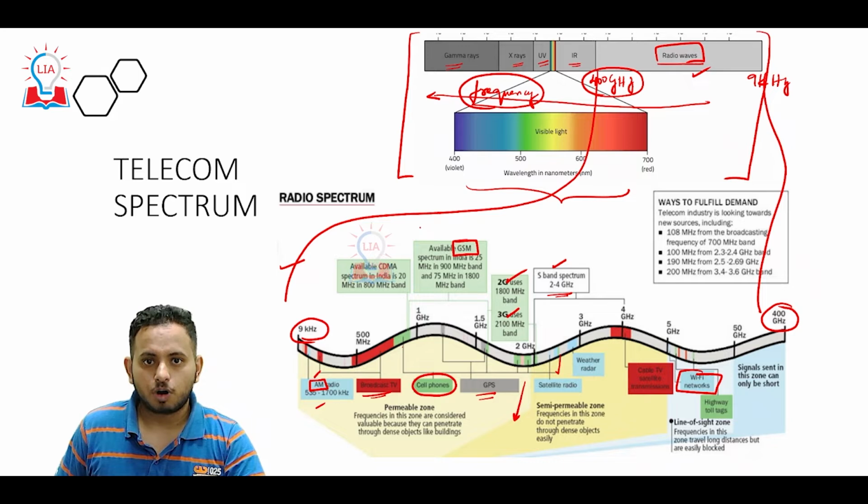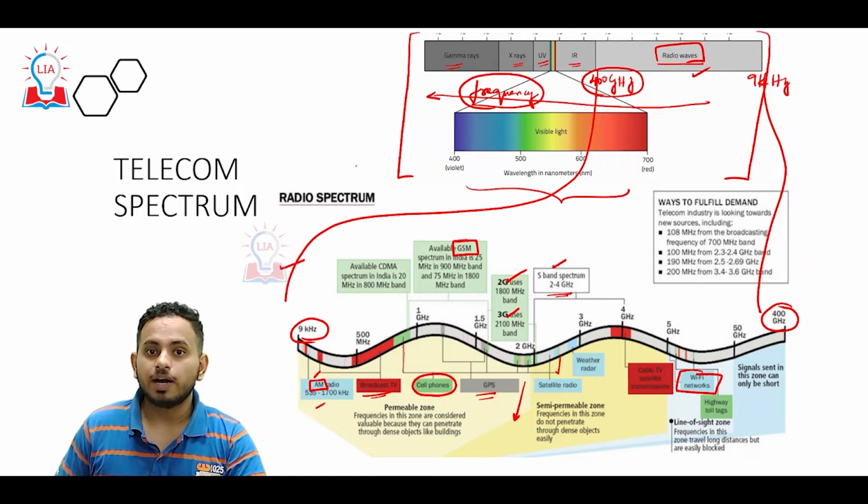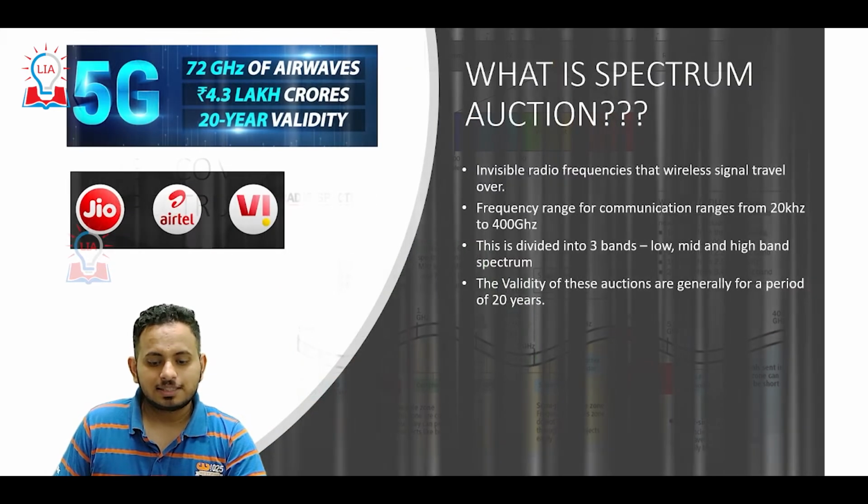So in the spectrum auction, government will be privatizing this particular airspace where there will be no interference between the competitors, because of which we all can use our internet, we all can use our radio, we all can use our cell phones seamlessly.